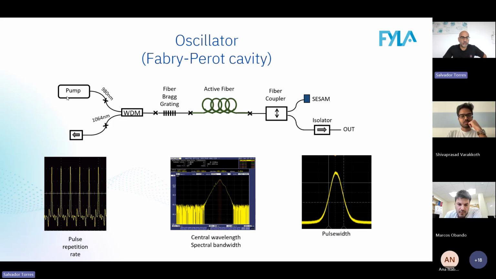Also, the design of the oscillator determines the spectral bandwidth and the central wavelength. The central wavelength is important for later generating the supercontinuum, and so is the pulse width or pulse duration.